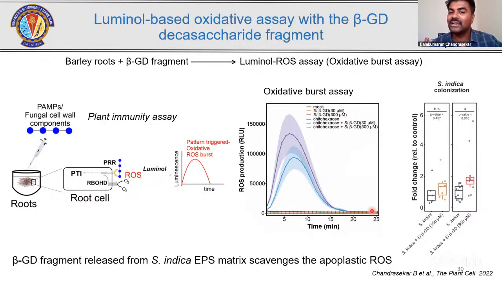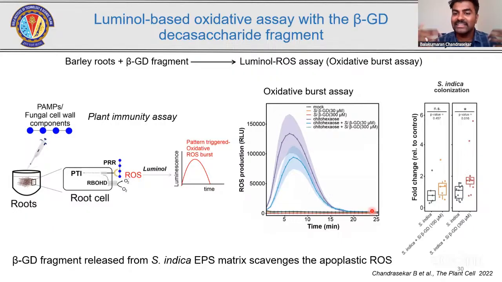This is a very clever strategy the fungi use: hijacking an enzyme present in the plant to degrade its own EPS matrix and release a susceptibility factor that can scavenge the ROS, so that the fungi can survive in the apoplast. I have already told you that the apoplast is a hostile environment with a lot of hydrolytic enzymes and also reactive oxygen species.